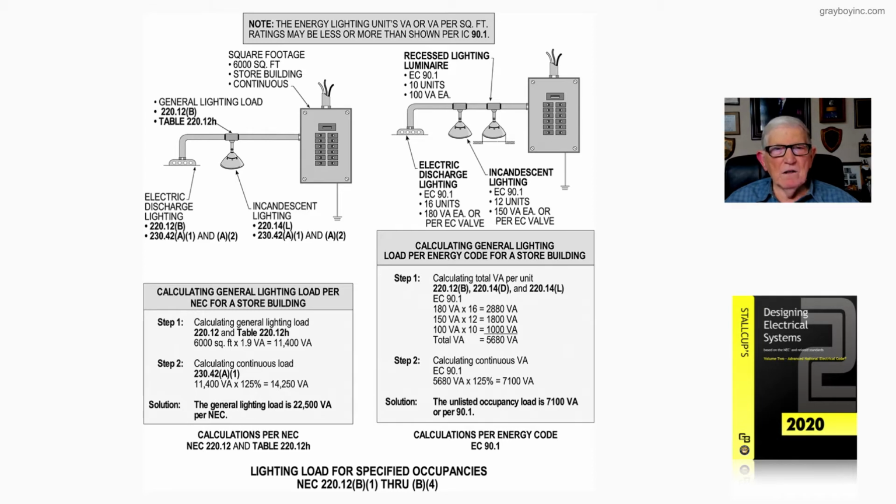Now, let's look at the square footage, a 6,000 square foot store building. The general lighting load, you go to 220.12B and table 220.12H, and you'd have electrical discharge lighting and you'd have incandescent lighting. Now, you'd look at the units there, and if they're just individual units and you want to figure those, then you would come in and you'd say, well, the electrical discharge lighting in accordance to 220.12B and 230.42A1 and A2.